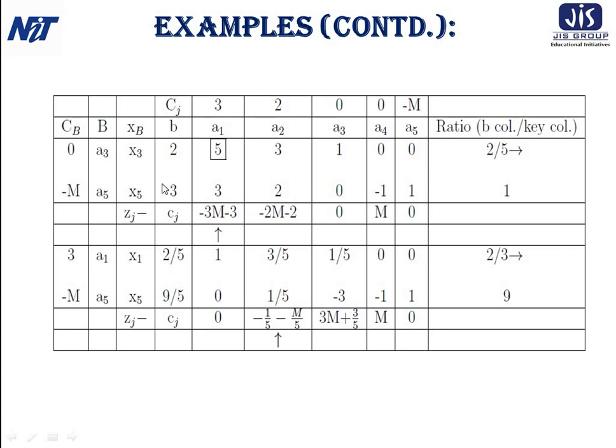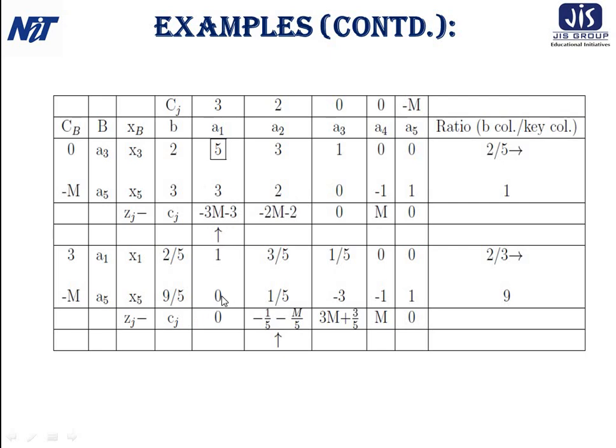What is the first element of R2? 3. Now what is the first element of R1? 2 by 5. So 3 minus 3 into 2 by 5, that means 3 minus 6 by 5, that is 3 into 5, 15 minus 6, that is 9 by 5. So we are getting 9 by 5. Here this is 5, and here this is 3. So 3 minus 3 into 1, 0.